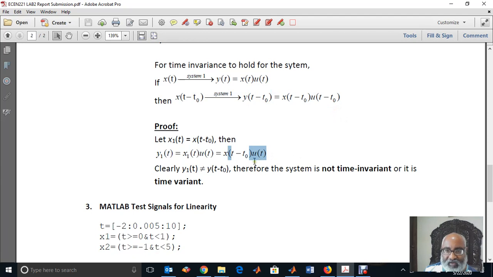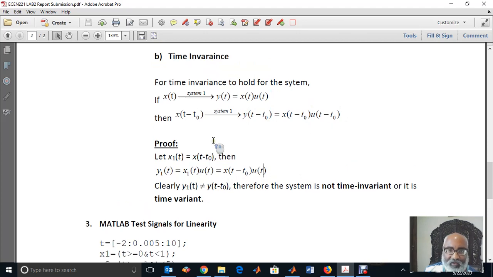No, they are not the same, because here I have u(t), here I have u(t - t0). So that means y(t - t0), the delayed output, is not the same as y1(t), which means the system is not time invariant, or in other words, the system is time variant.